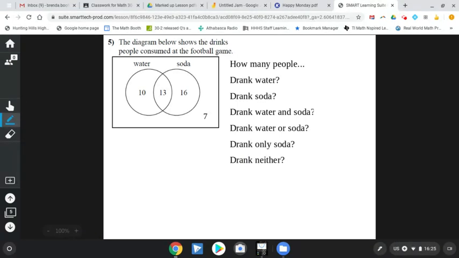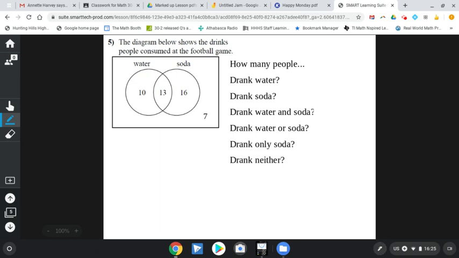Okay, and the diagram below shows the drinks people consumed at a football game. So we've got water and we've got soda. How many people drank water? So this is the place that really shows if we understand the Venn diagram, remembering that everybody in the circle drank water.